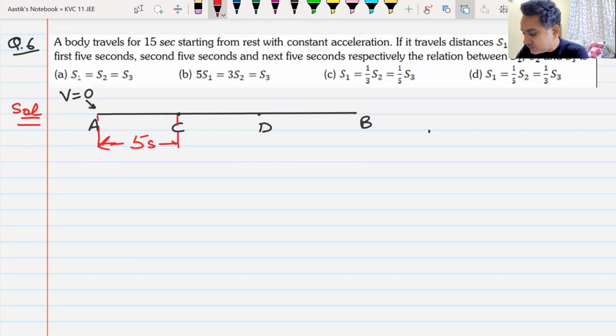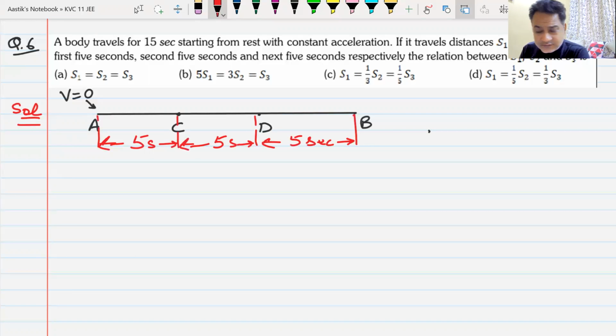Then from C to D it is again the next 5 seconds, and from D to B is 5 seconds again. Do we understand this? Yes or no? This is what is given. From A to C, the displacement is given as S1.